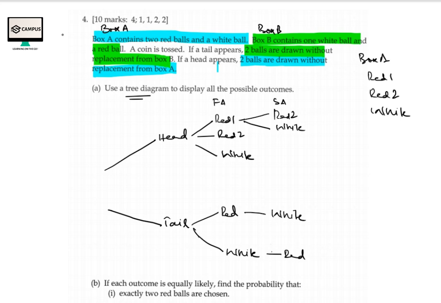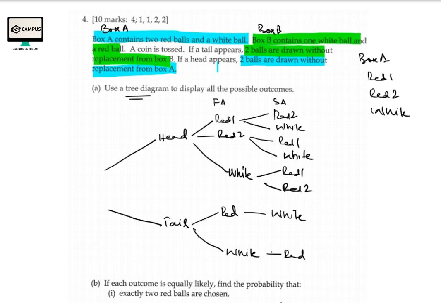For red 2, the options are red 1 or the white ball. And for the white ball, if we choose it in our first attempt, then in the second attempt it could be the first red ball or the second red ball.